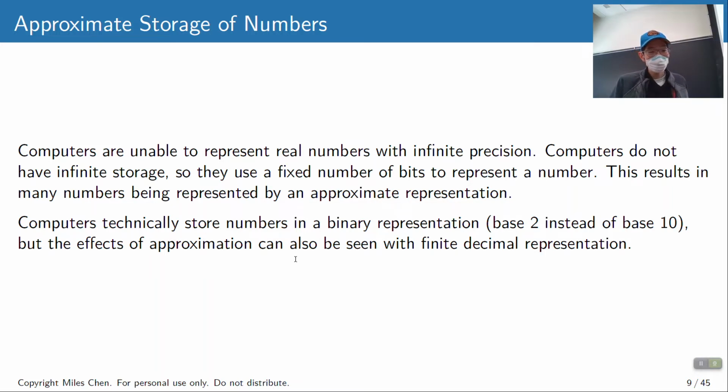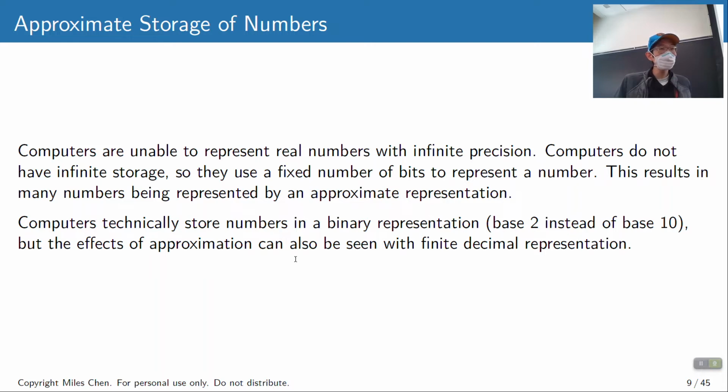All right, so I wrote, computers are unable to represent real numbers with infinite precision. Computers do not have infinite storage, so they use a finite number of bits to represent a number. And so this results in many numbers being represented by an approximate representation. Now, if there is a finite representation, such as 1/2 as 0.5 or 1/4 as 0.25, we can do it exactly.